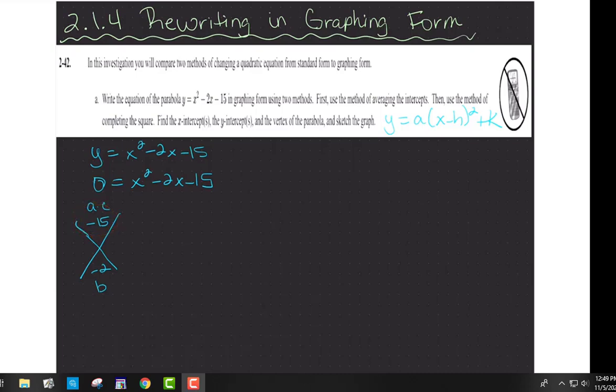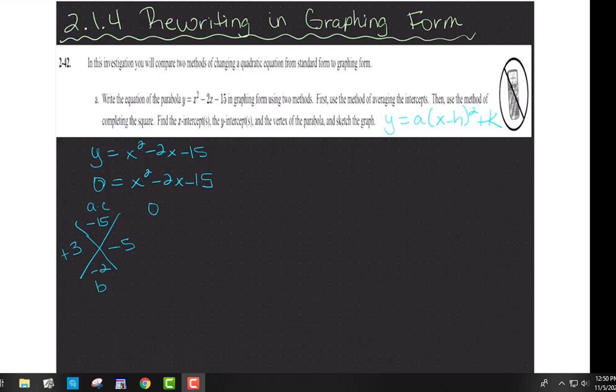And the only way I can get a negative number is if one is positive and one is negative, right? So I got to multiply to get 15, difference of 2. So it's either 1 and 15, or 3 and 5. I know it's going to be 3 and 5. And in order to get a negative 2, I got to have a positive 3 and a negative 5, right?